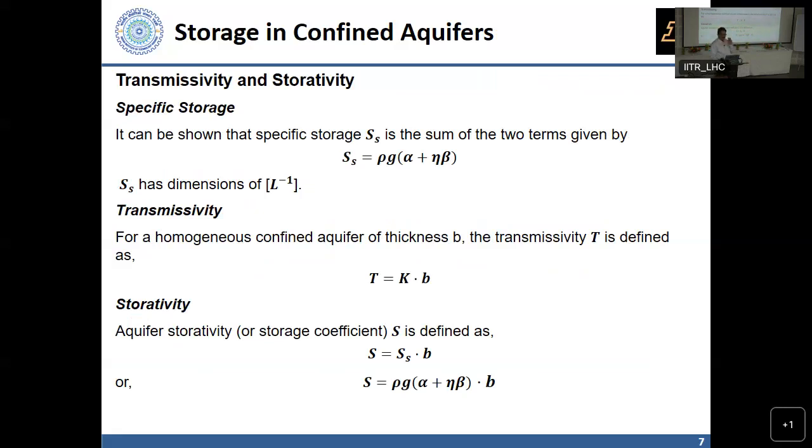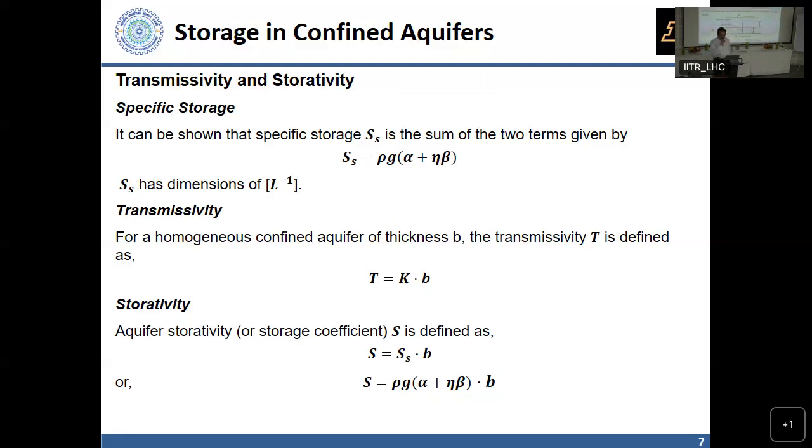Similarly, if I have specific storage and I multiply by the thickness of the aquifer, then I can talk about the volume of water that is used per unit area of the aquifer, throughout the thickness of the aquifer. And therefore, if I multiply this quantity S sub S by b, S, which is aquifer storativity, now becomes an aquifer property. So if you are dealing with essentially horizontal flows, and we use properties of transmissivity and aquifer storativity, these are considered to be bulk aquifer properties.